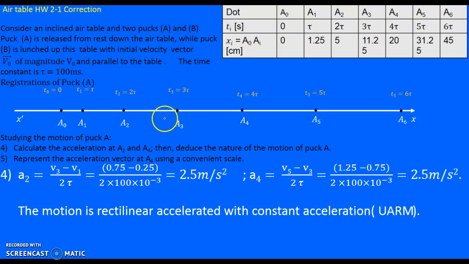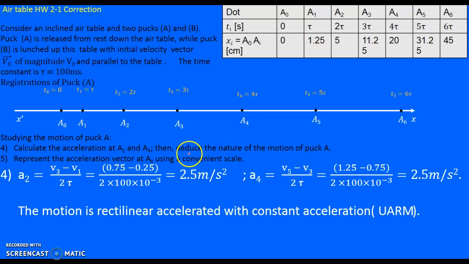Over 2 tau because from A1 to A3 there are 2 tau. So 2.5 meter per second squared, and similarly for A4 we need V5 after minus V3 before. So V5 minus V3 over 2 tau, and we obtain the same value.